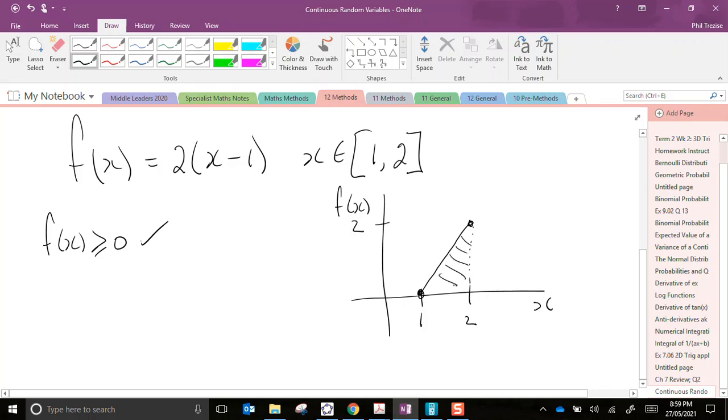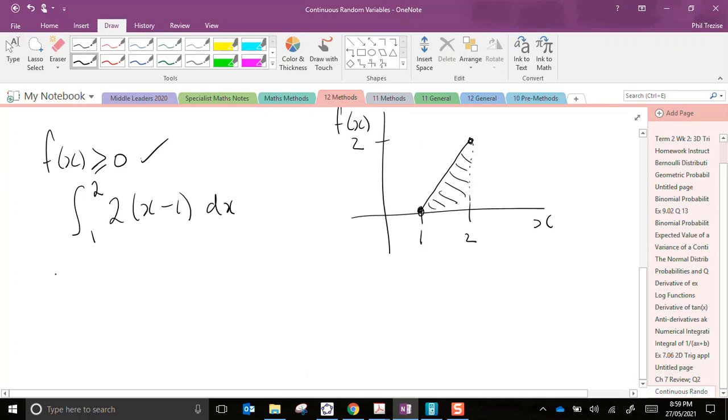Now what about the area? Well, this is a triangle. The base of the triangle is 1, the height of the triangle is 2. I think you can work out that the area, being a half times the base times the height, is 1. But we really probably should integrate from 1 to 2, the limits of the function, of our function, 2 times x take 1 dx.